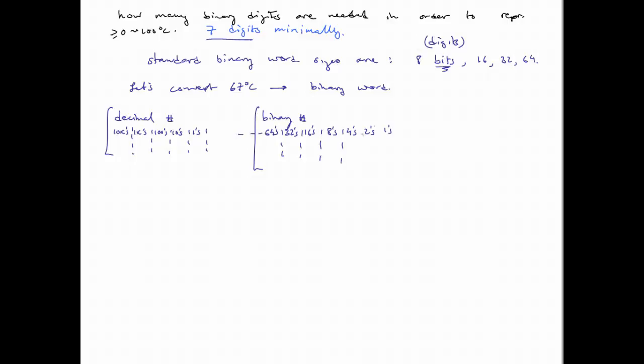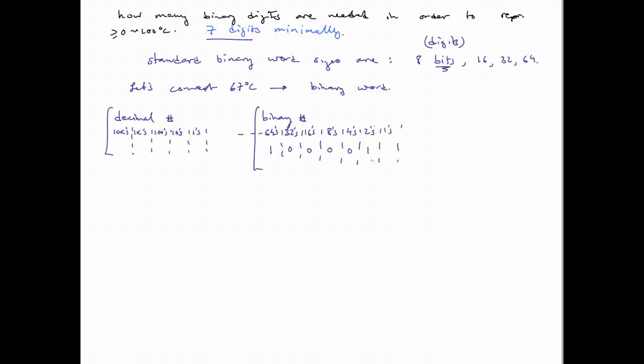So what we want to do is look at our number 67 and say, okay, the next one after the 64s would be the 128s. Are there any 128s that fit into 67? No. Are there any 64s that fit into 67? Yes, there's one. We subtract 64 and that leaves 3. Are there any 32s? No, no 16s, no 8s, no 4s. But are there any 2s that fit into 3?